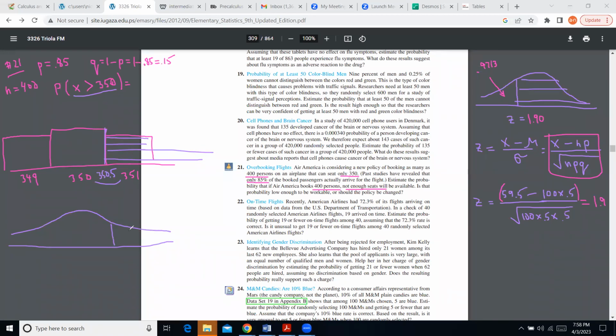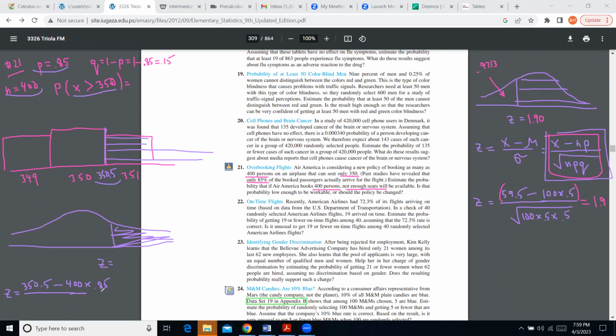I just need to find the area under the standard normal distribution. And for that matter, I'm going to be converting to a z-score that new value, and that is the same procedure as we just did, but, well, different numbers. Well, our calculator doesn't care what numbers you put in it. It's just the same process. So you need to get N and P multiplied, which is 400 times 0.85, 85%.